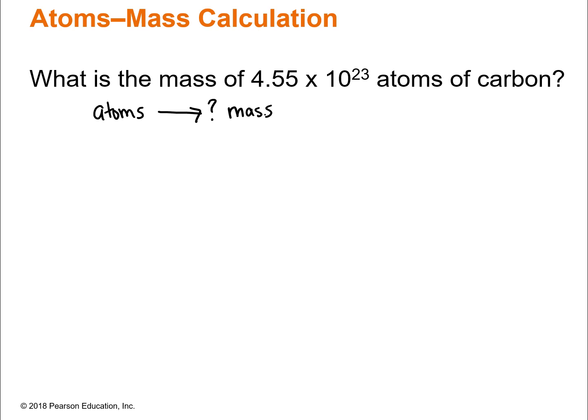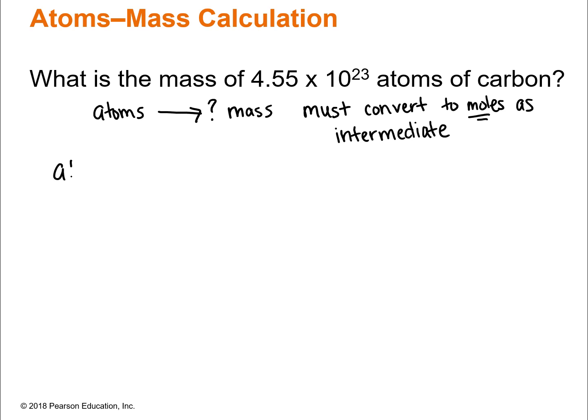We can't just jump directly there. We've got to use moles as an intermediate. So whenever a question is asking you, okay, you have atoms, what's the mass or how many grams? Or the reverse, you have to convert to moles first.